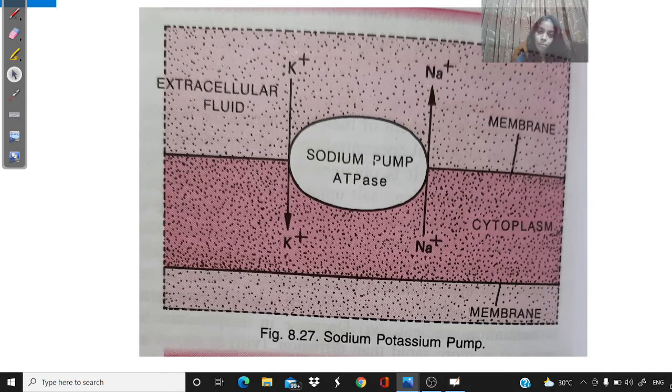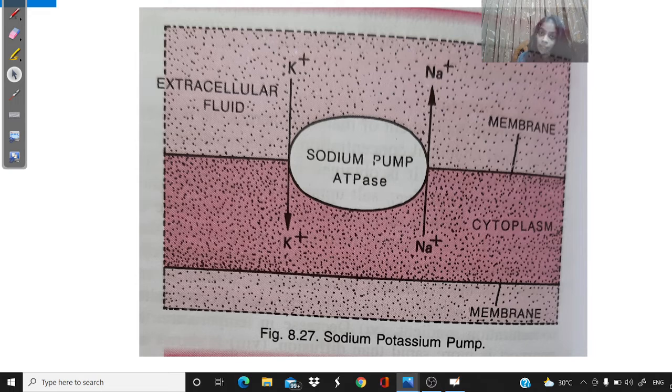So this is the picture. The darker pink region, this lighter pink region is the membrane. This is also membrane, and here it's cytoplasm. Suppose a nerve fiber, axon. When the axon is at rest, that means when it is not stimulated by an impulse, then what happens?